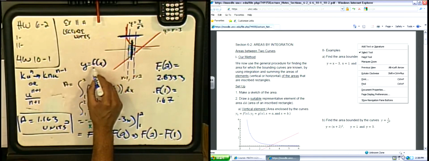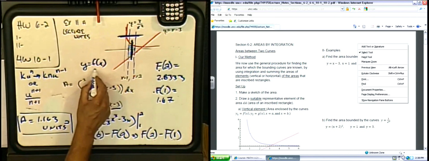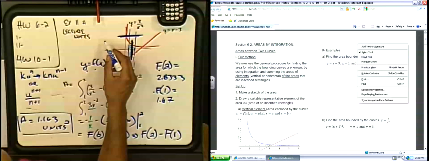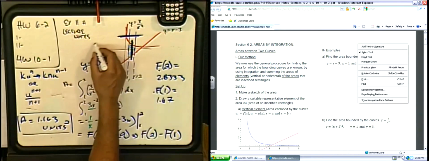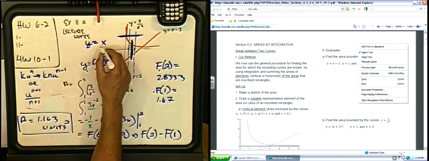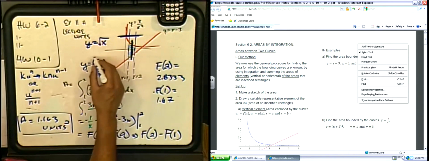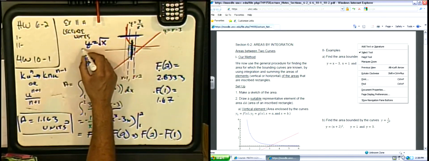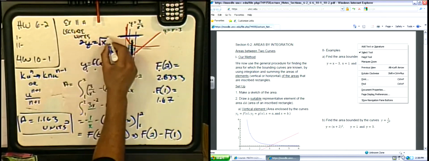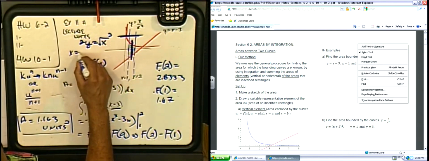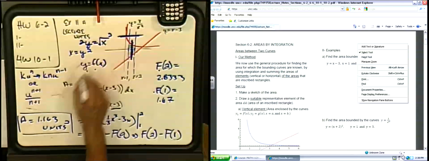In that case, you have to get x with respect to y, which is, if you had y equals x, or square root of x, take the square of both sides, it'd be x equals y squared is the function.